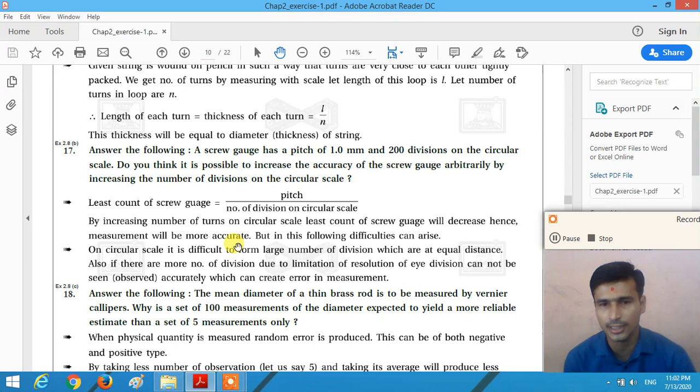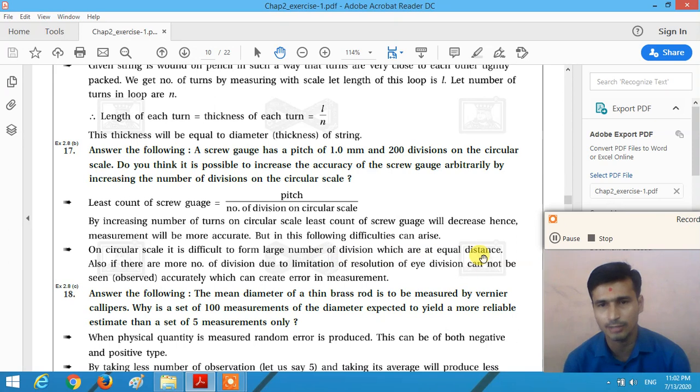But there is one difficulty that arises when the number of divisions on the circular scale increases. What difficulty? On the circular scale, it is difficult to form a large number of divisions at equal distances, so there is some limitation for the screw gauge.